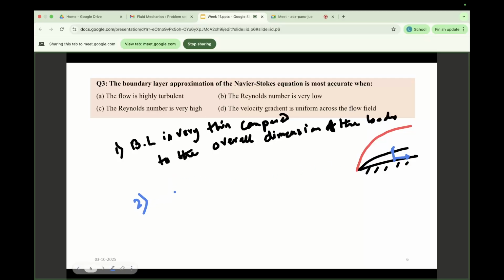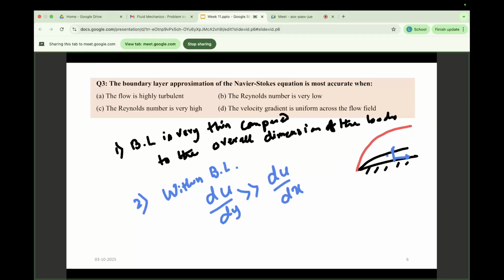So the next point is that within this boundary layer, the velocity gradient, that is du/dy in the y direction, should be much higher than in the x direction.